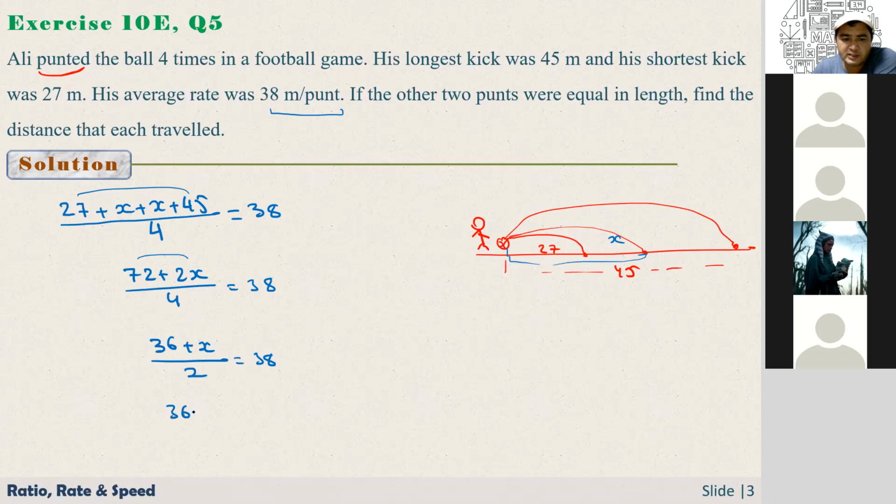Now from here, 36 plus x is equal to 38 times 2, which is 76. What is x? X equals 40. So that means if the other 2 punts were equal in length, each actually traveled 40 meters.